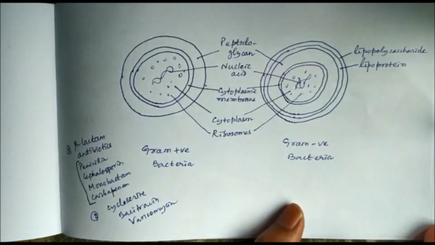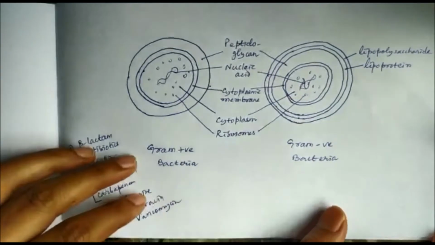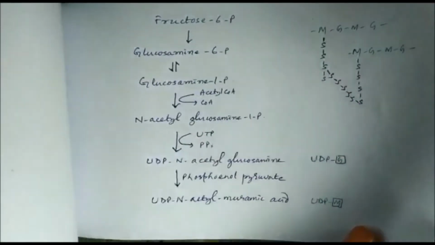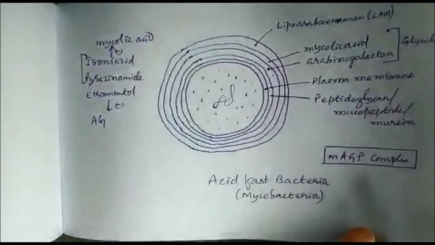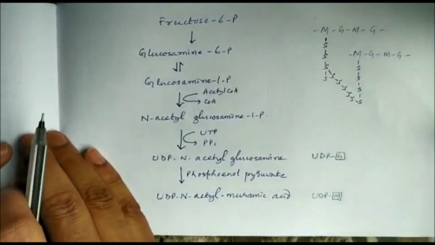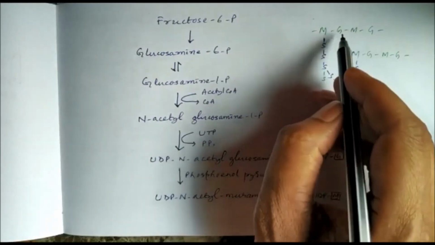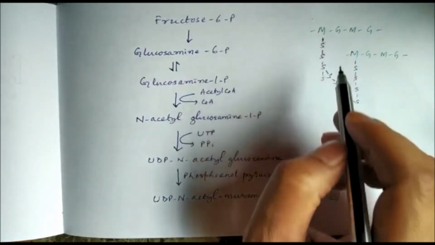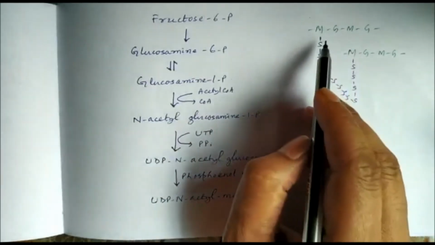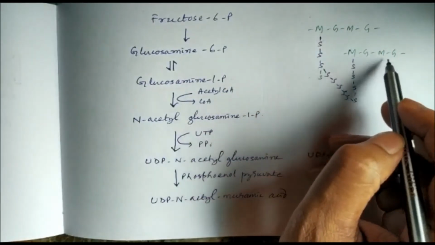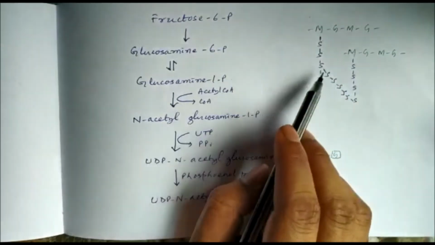For biosynthesis of peptidoglycan in bacteria, we need two components: N-acetyl muramic acid (M) and N-acetyl glucosamine (G). There is a chain of MG, MG, and another chain MG, MG, and they are cross-linked.